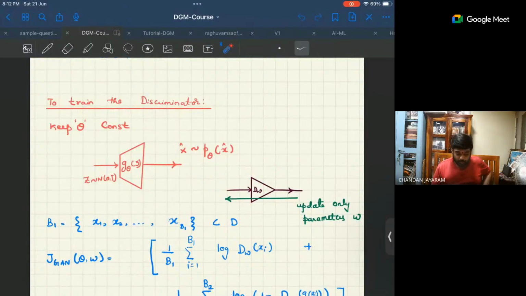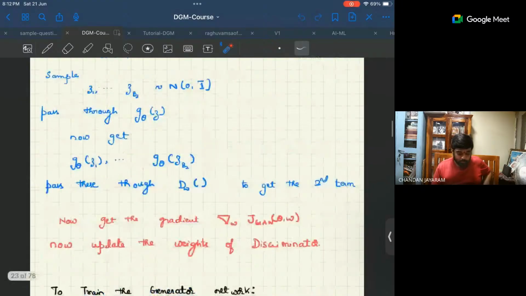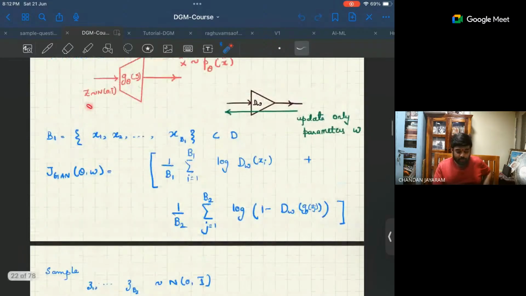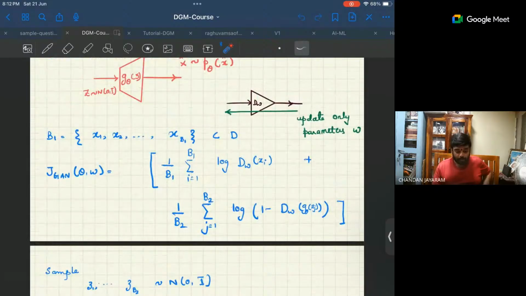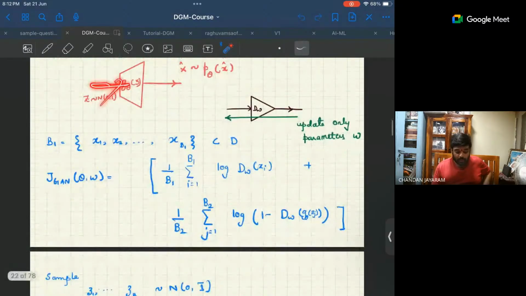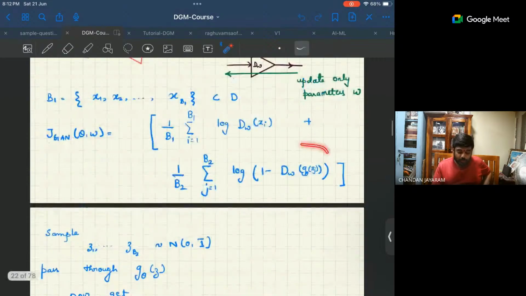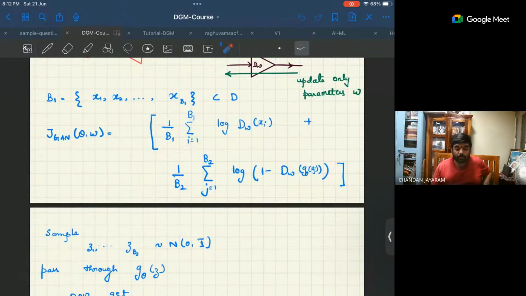How do you do it? First, sample examples from the normal distribution, then pass them through the generator. Once you pass them through the generator, you get these fake examples. Then you pass them to the second term, and you get the second value.